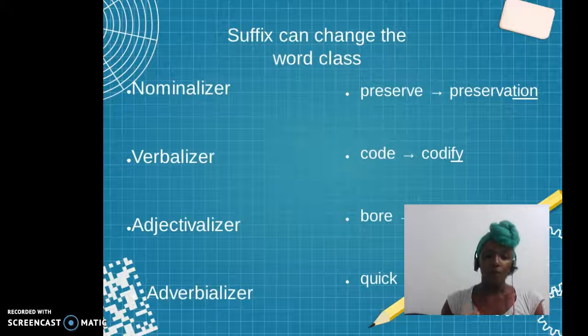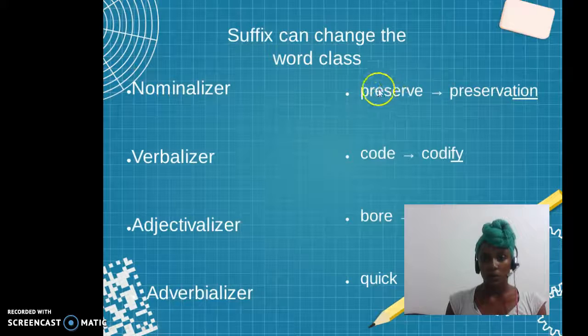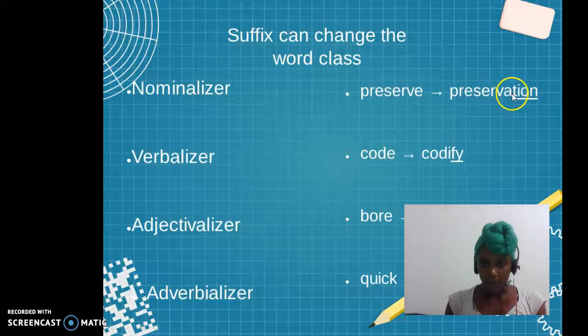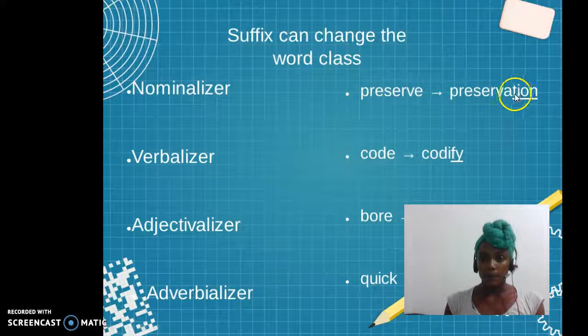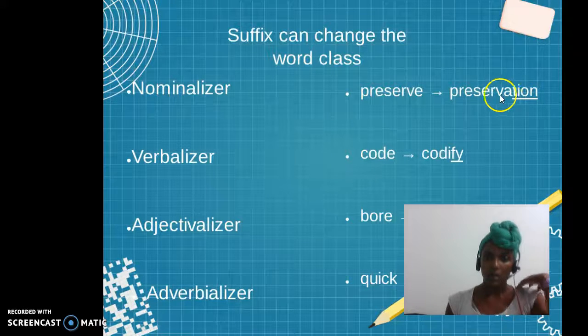The second function can be to change the word class. You can see in this example preserve and preservation. This word is a verb, and in this way it becomes a noun.